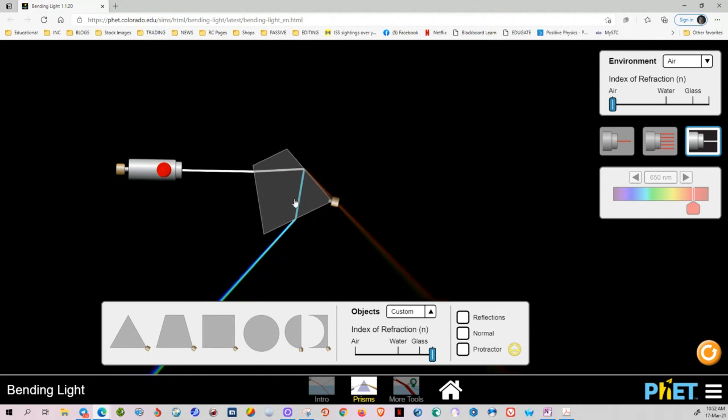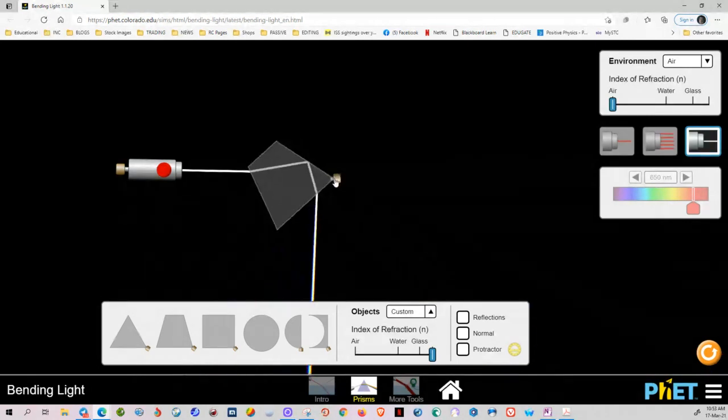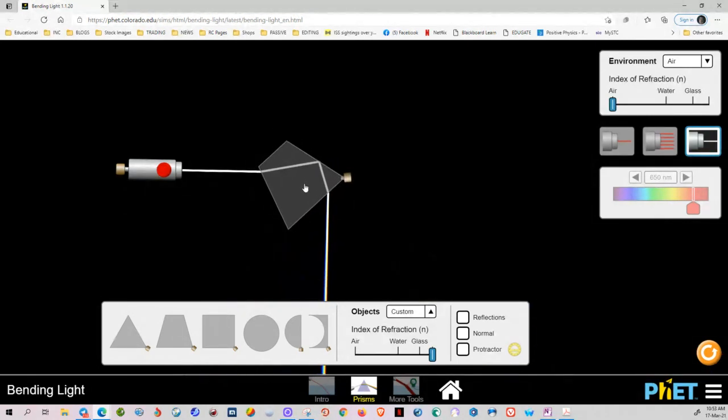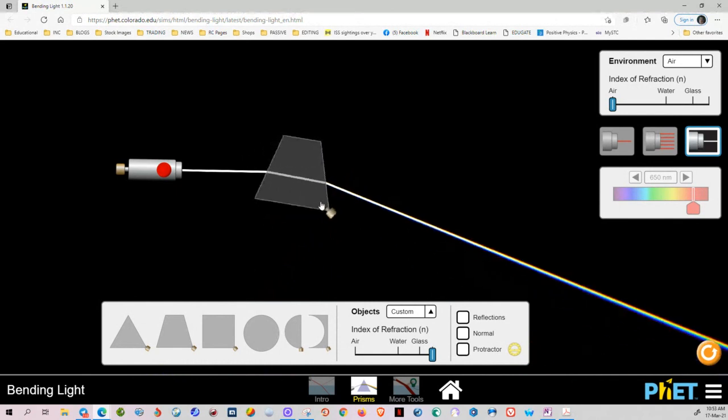After the color has disappeared, all the light, as you can see, will be reflected internally inside the prism, and this phenomenon, or this observation, is what we call total internal reflection.